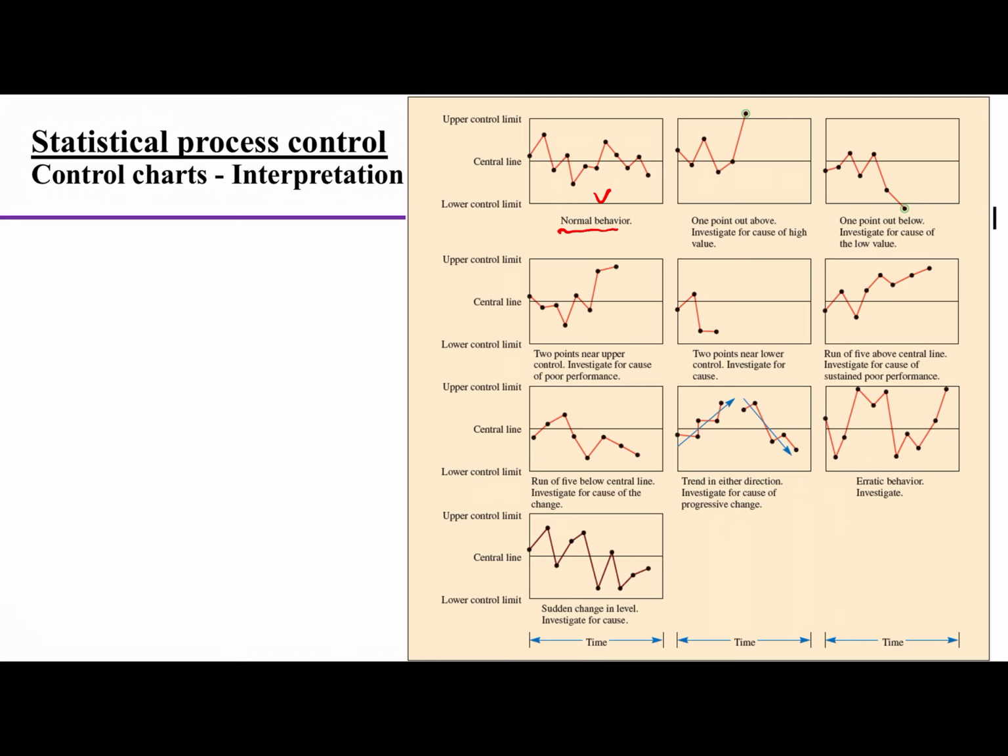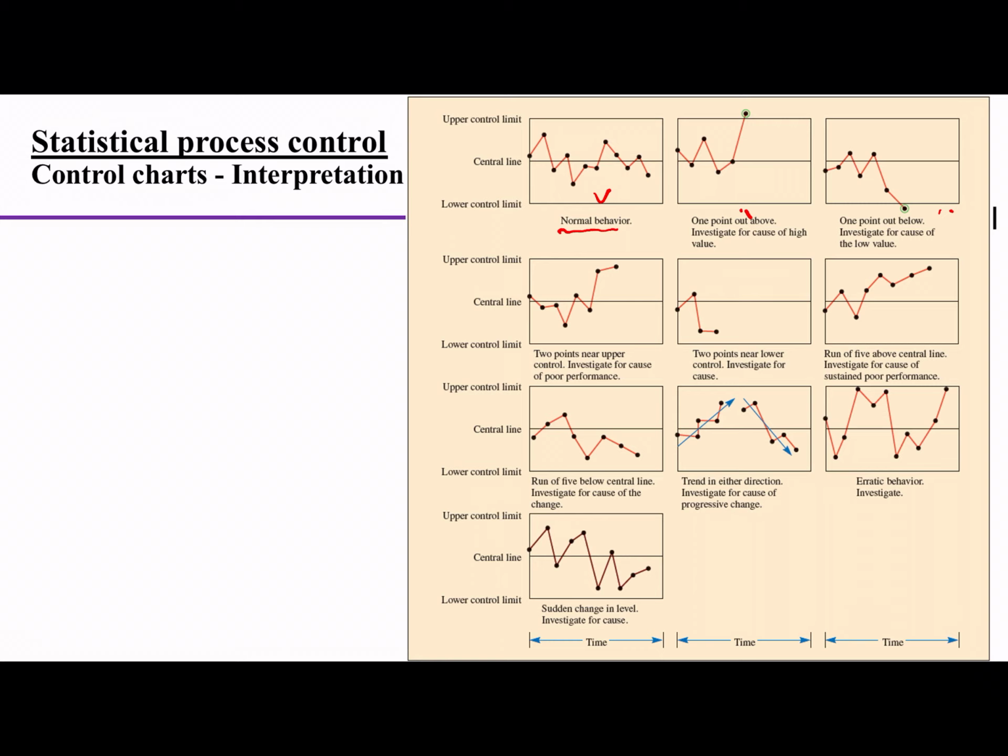You need to find the root cause of the issues, right? So for example, these two charts are the same. They have one point that is outside the control limit, which means there's some problem. Well, sometimes you will see control charts where all the points are actually within the control limit, but they are not a good process.